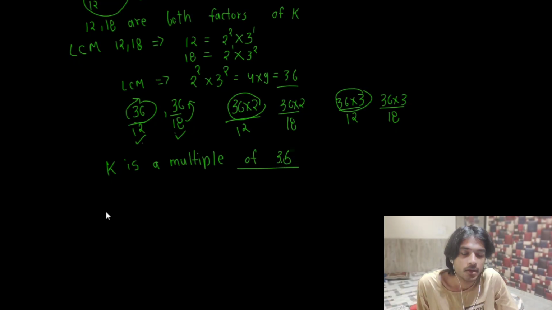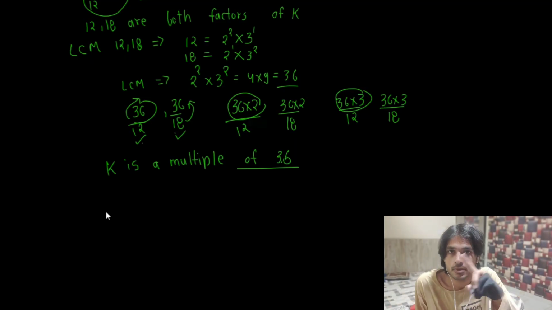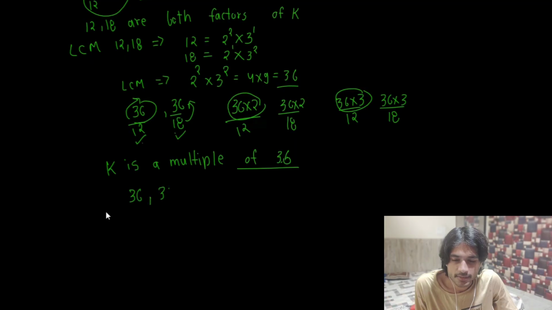Now the question actually asked how much time, after how many minutes, they will meet again. So we have to simply find the first time they will meet. So multiples of 36 are what? 36, 36 multiplied by 2, 36 multiplied by 3, and then we will go on.